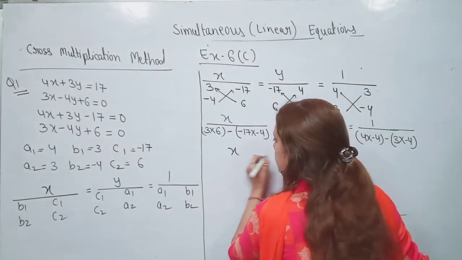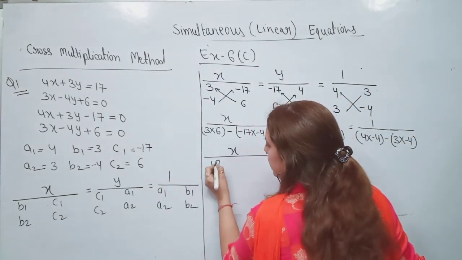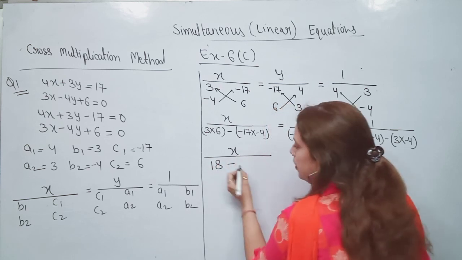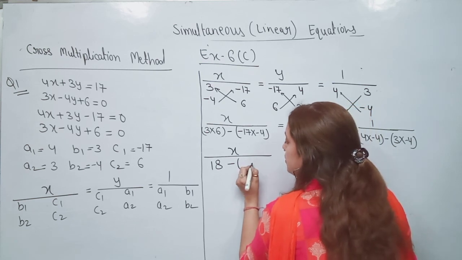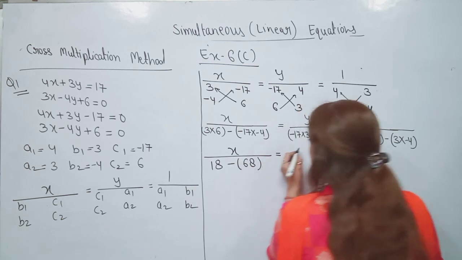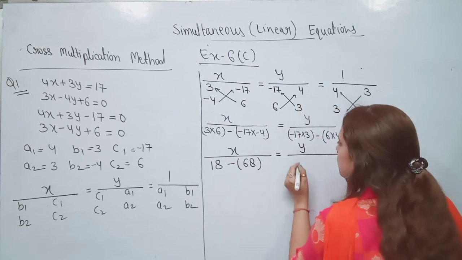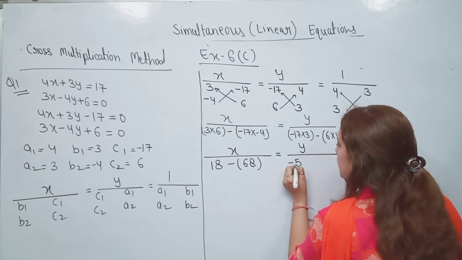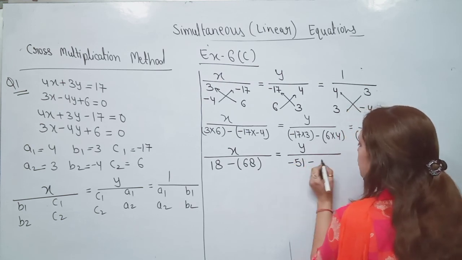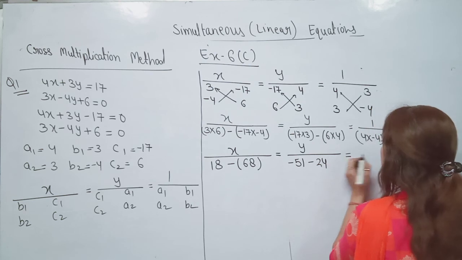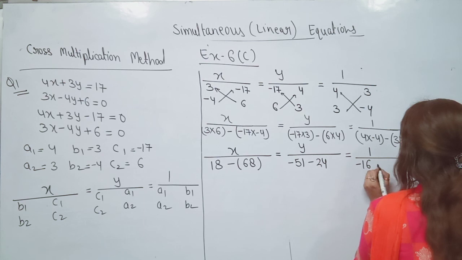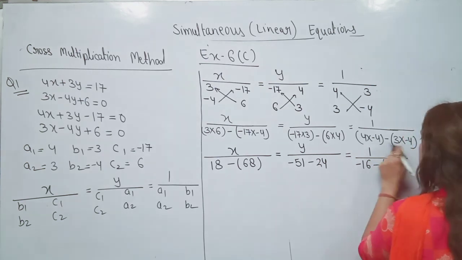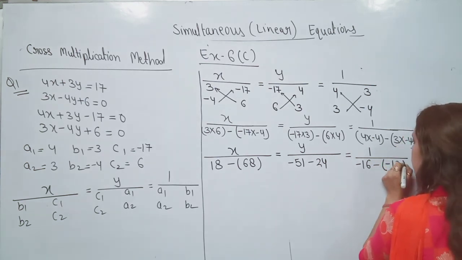It will be x upon 3 into 6, 18, minus, plus 17 into 4, 68, is equal to y upon 17 into 3, minus 51, minus 6 into 4, 24, is equal to 1 upon 4 into 4, minus 16, minus 12.